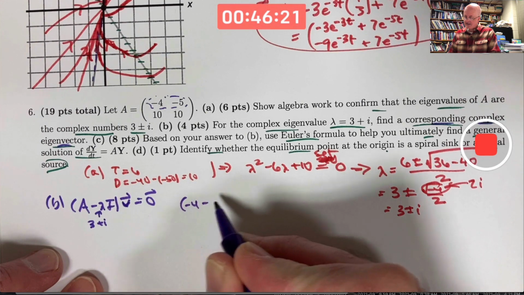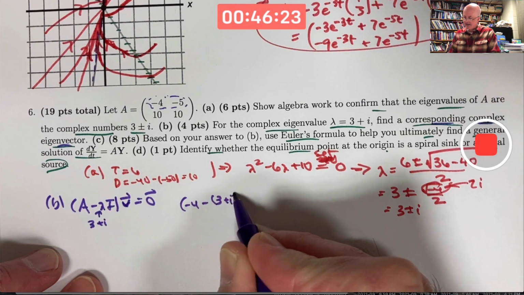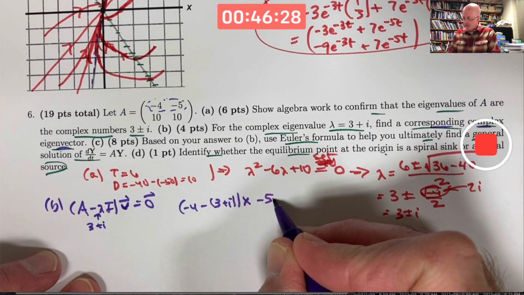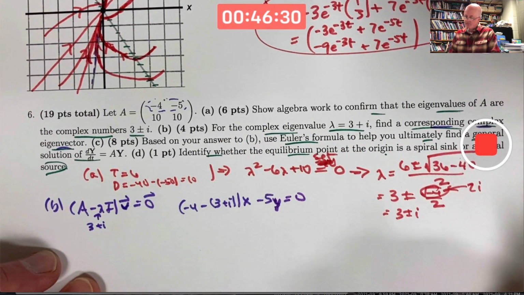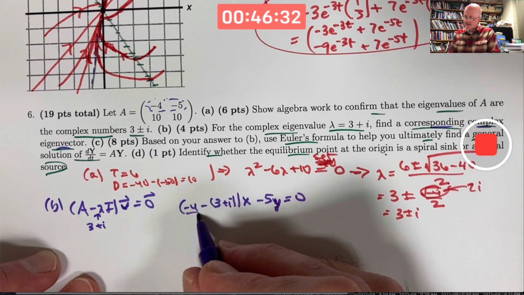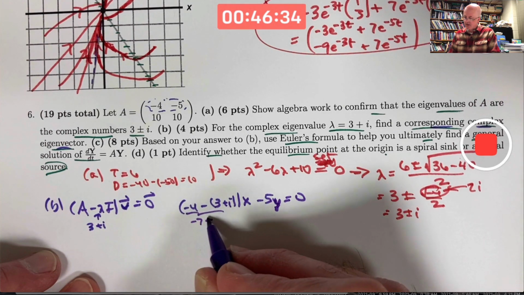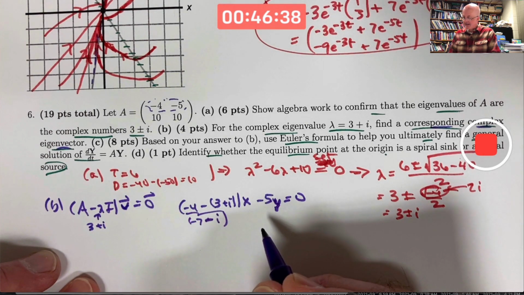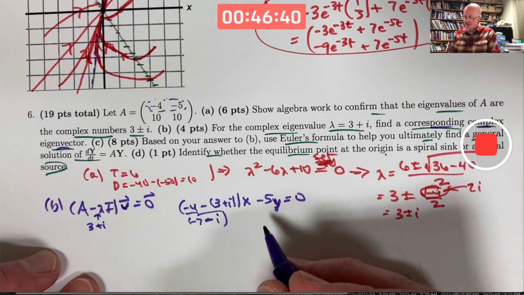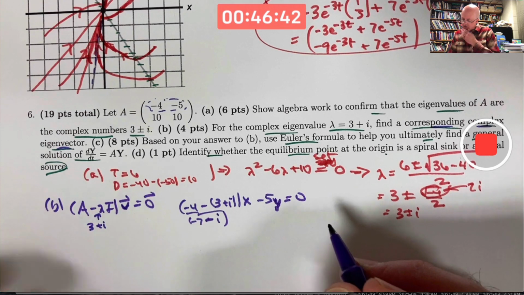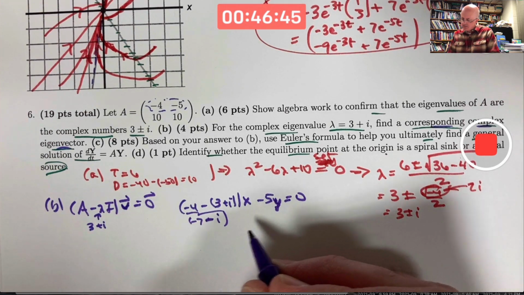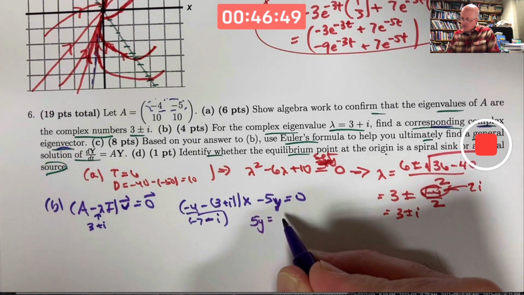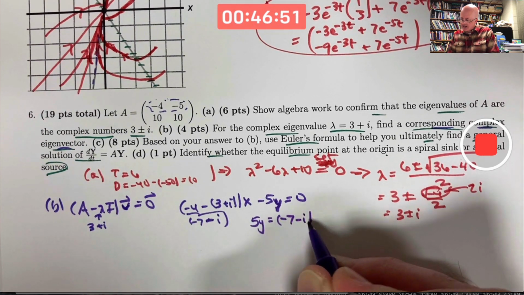Negative 4 minus, in parentheses, 3 plus i times x minus 5y will equal 0. This is the same as negative 7 minus i times x minus 5y equals 0. So I need to add 5y to both sides. 5y equals negative 7 minus i times x.